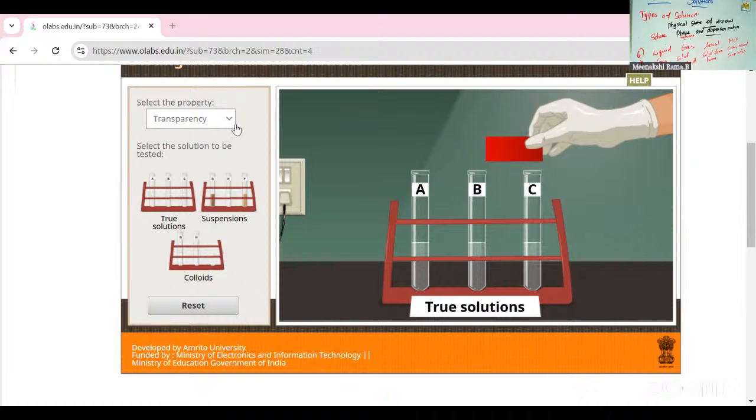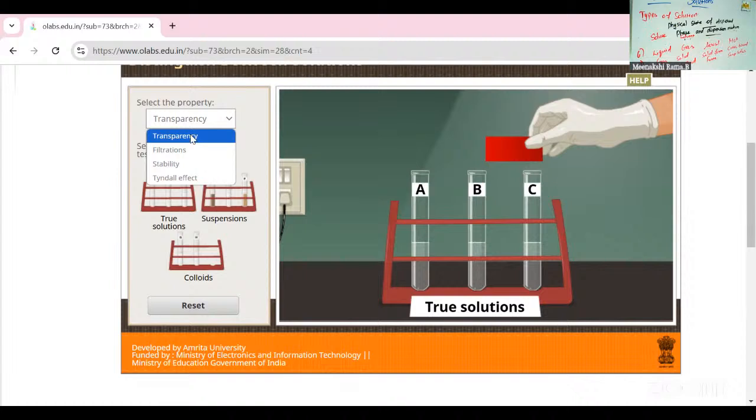There are different properties here: transparency, filtration, stability, and Tyndall effect. With the help of these properties, we are going to understand what is true solution, colloid, and suspension.